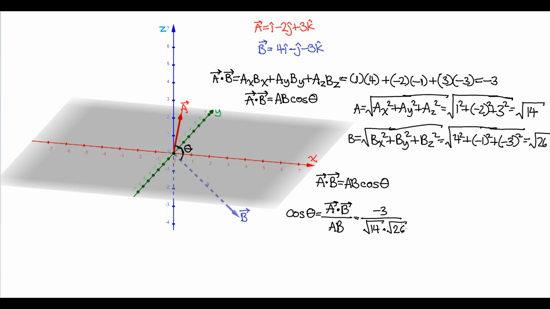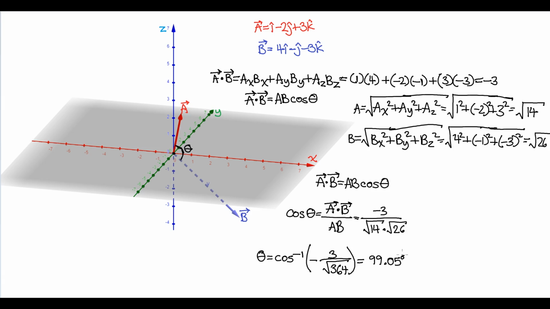Utilizing a calculator, theta is the inverse cosine of negative 3 over the square root of 364. If you take the inverse cosine of that, we get 99.05 degrees, about 99 degrees, which looks right because angle theta appears to be greater than 90 degrees.